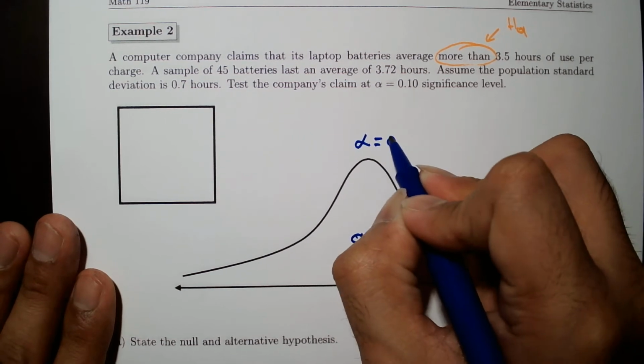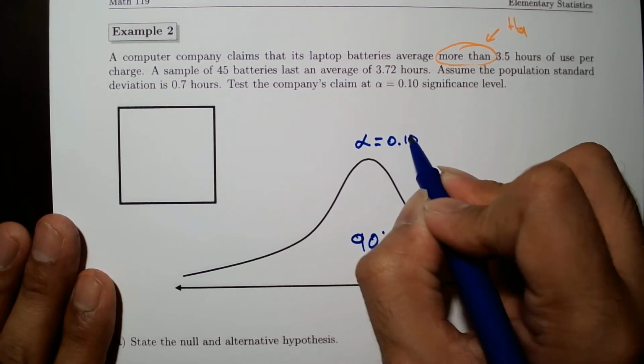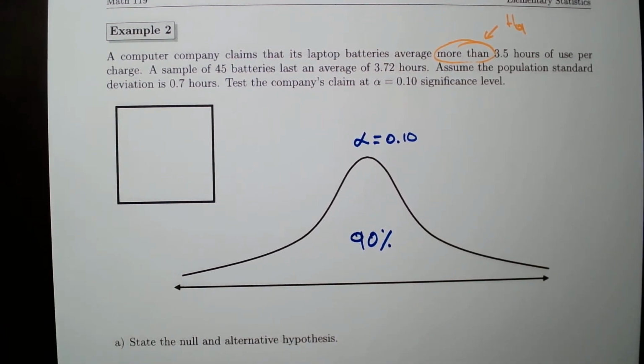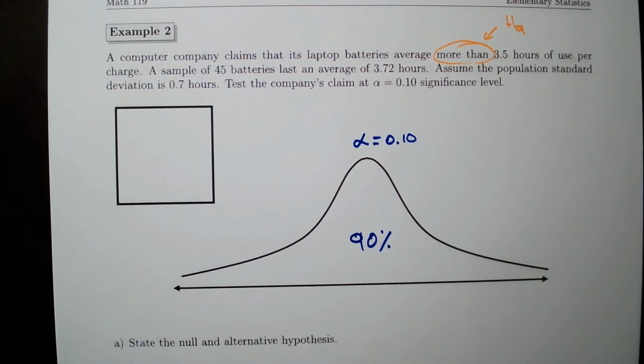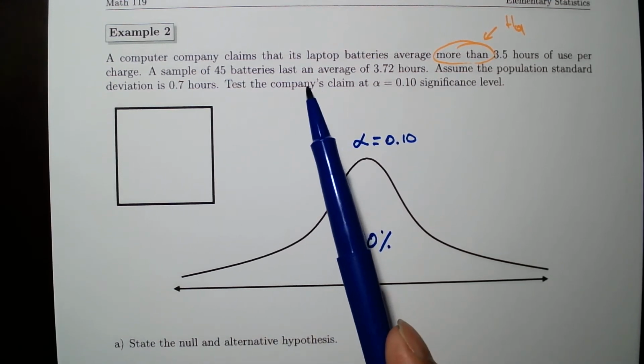So 0.10. Now, the conditions for this test to be conducted: the sample size clearly is greater than 30, so it doesn't matter if the population is normally distributed. In this case, we're good.